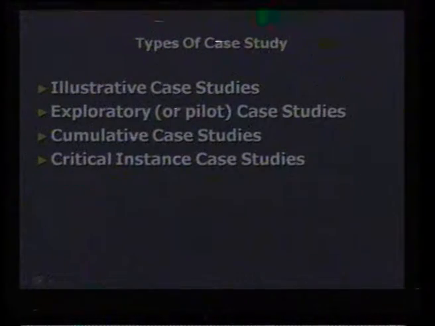Then the fourth type of case study is the critical instance case study. Critical instance case study refers to studying cases with an aspect of examining them from different perspectives.